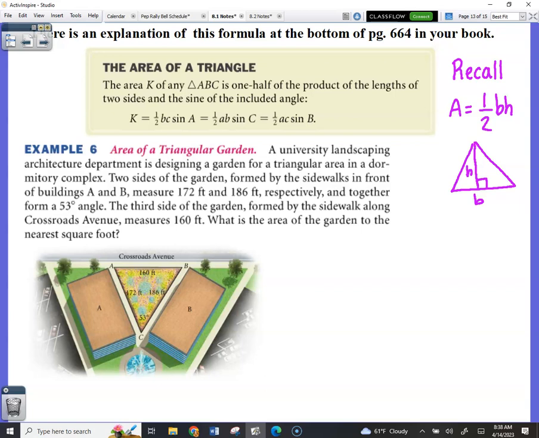It says the area of a triangle is equal to 1/2 side b times side c times sine of angle A. Okay? And then it has another equal sign, which is saying, or, what if you have these other sides? 1/2 ab sine C, or it could be 1/2 ac sine B. You don't have to memorize those. They're going to be given to you on the formula sheet. You have to know how to use it.